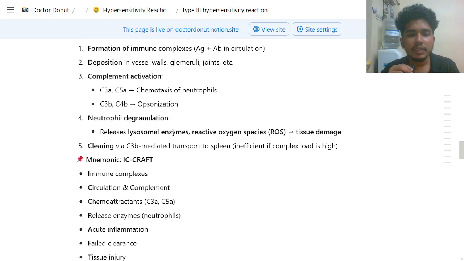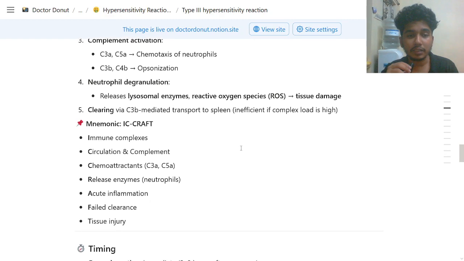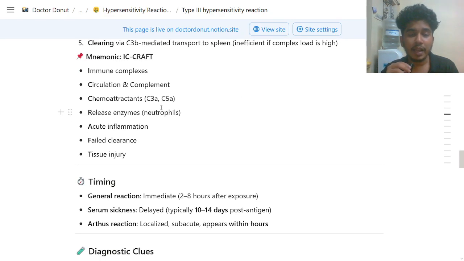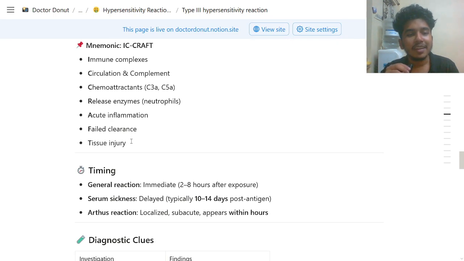And then the clearing happens via C3b-mediated transport to the spleen, which is inefficient if the complex load is high, because the spleen just keeps collecting things. A mnemonic could be IC CRAFT: Immune complexes, Circulation, Complement, Chemoattractants, Release of enzymes, Acute inflammation, Failed clearance, and Tissue injury.